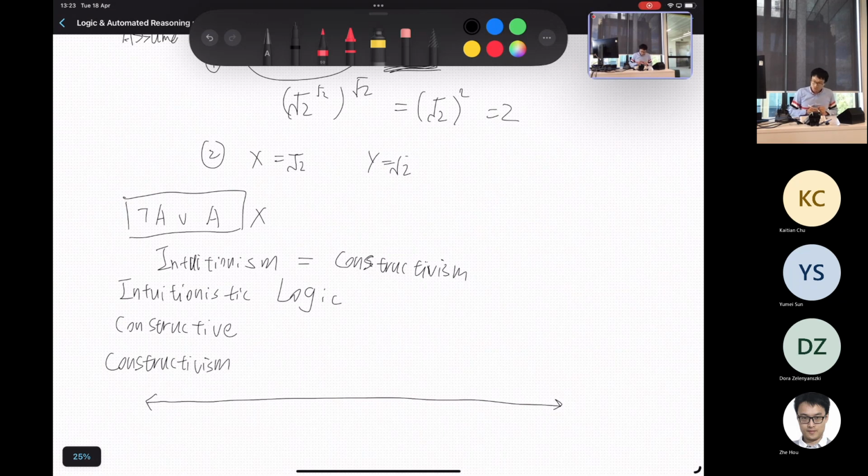It says you need to give me evidence for everything to convince me. And the other end of the spectrum is called zero knowledge. It says you need to convince me without giving me any evidence.